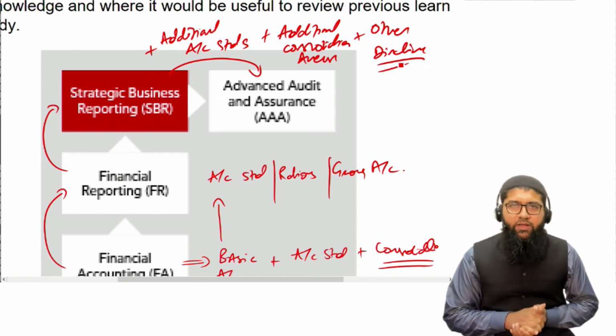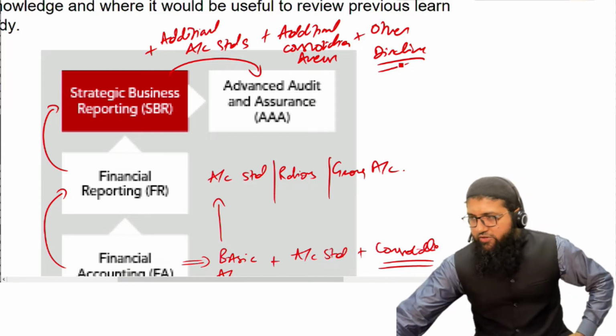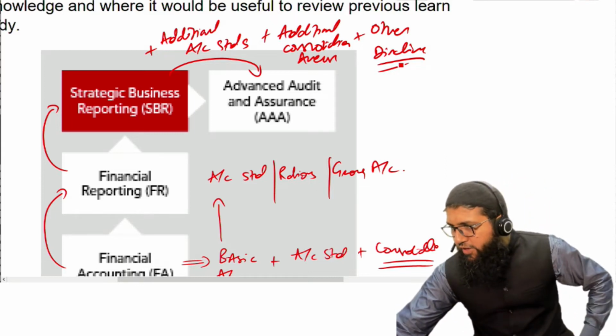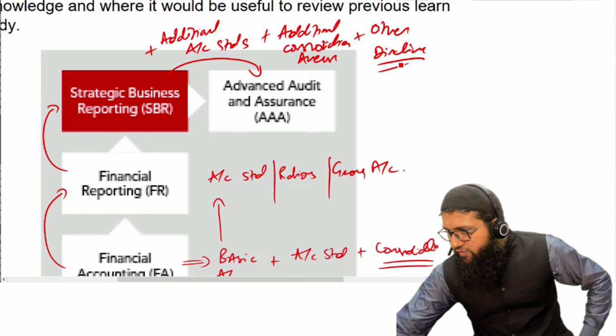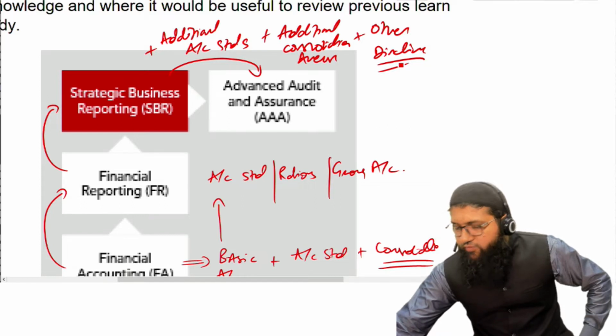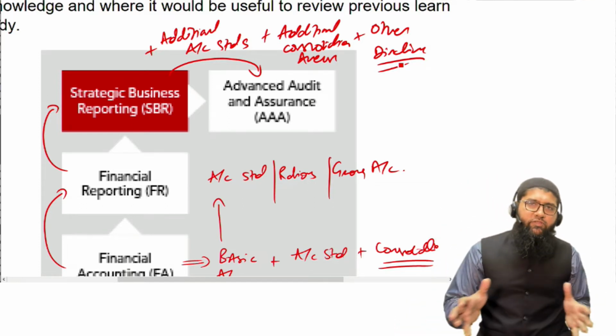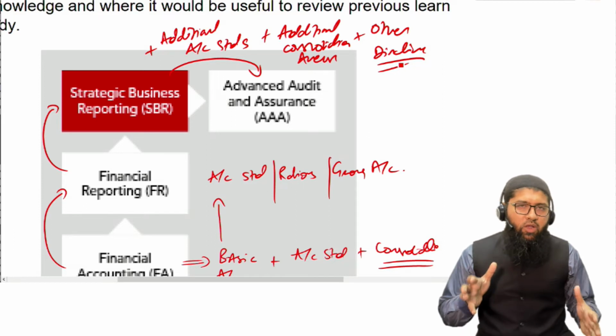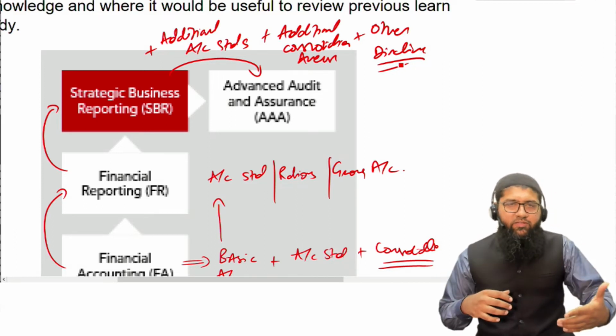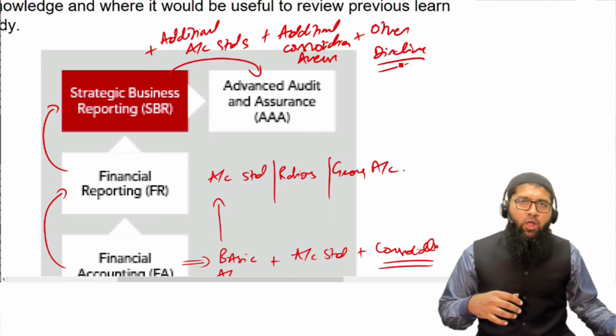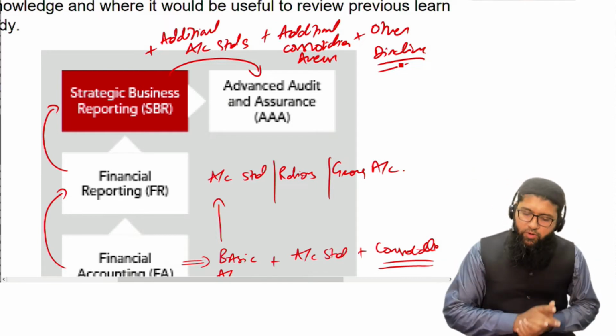So that is also going to be discussed. Generally we are going to discuss all of these aspects with respect to the SBR syllabus, which means that F7 is important, plus the additional knowledge and information is also important.